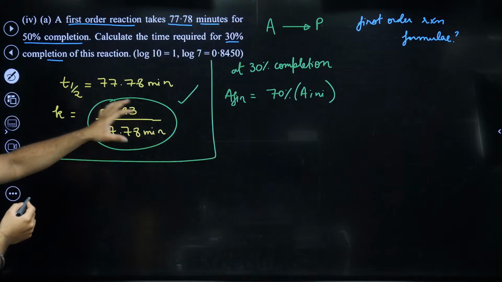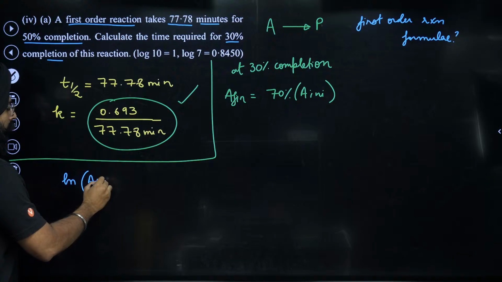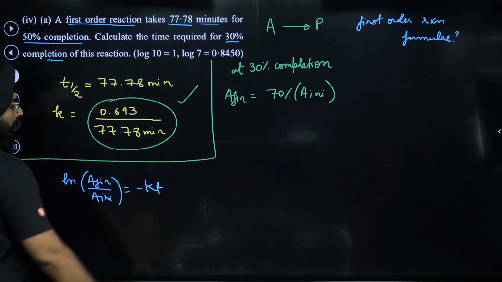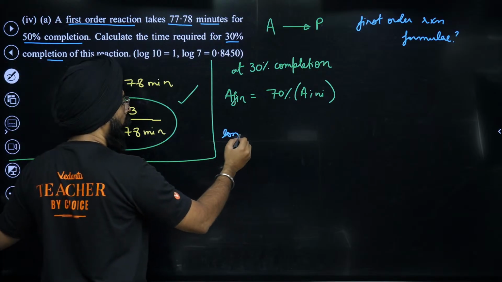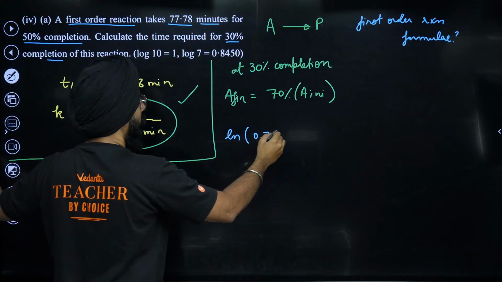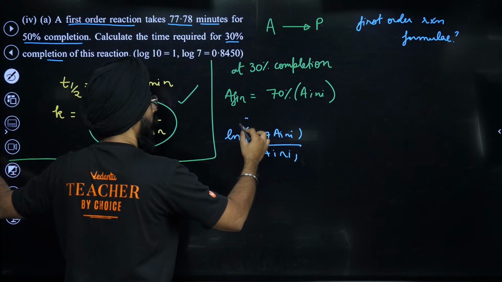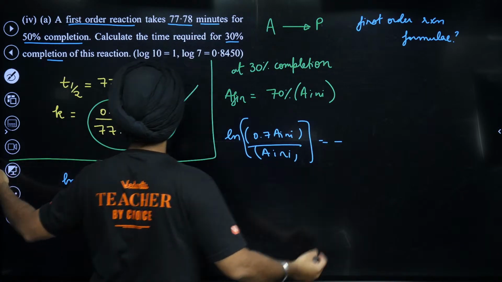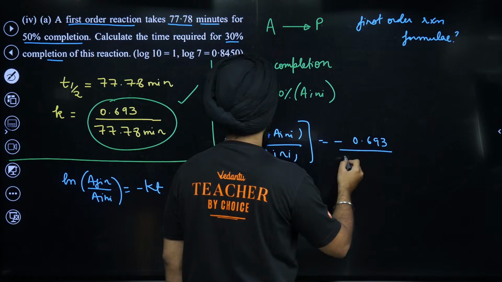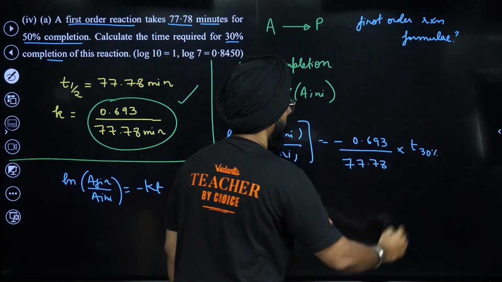So now people, can we use the formula ln of A final upon A initial is equal to minus KT? Put that. So you can write ln of 0.7 A initial upon A initial is equal to minus, this is your K, 0.693 by 77.78 into T of 30%.